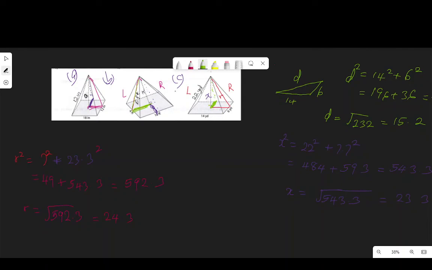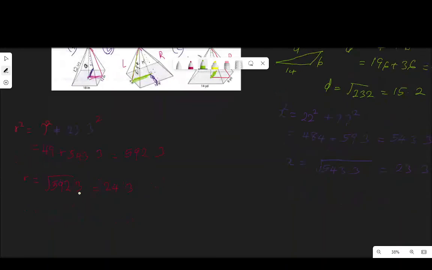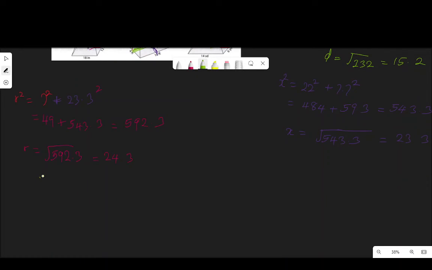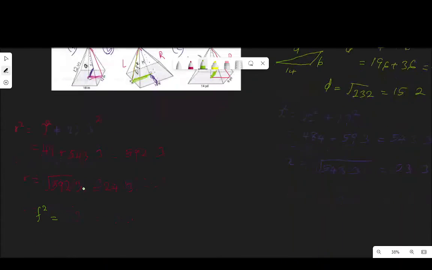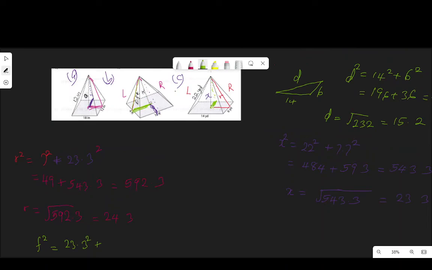We already know X. So for the front and back triangle, let me call this dotted line F. So F square is equal to S square, which is 23.3 square, plus this line that I painted here, which is half of 6.